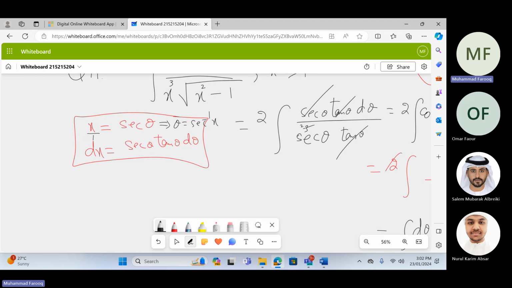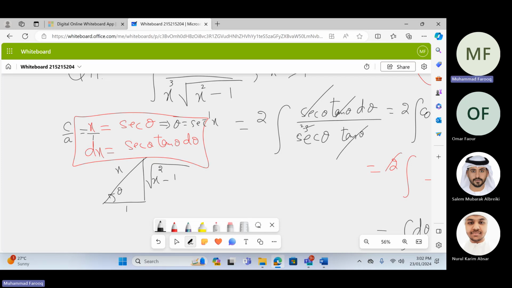We know the secant theta formula is C over A, if you have a right angle triangle with theta as an angle. So C is x and A is 1. We need B. B is the square root of x squared minus 1 squared. So my right angle triangle is complete.